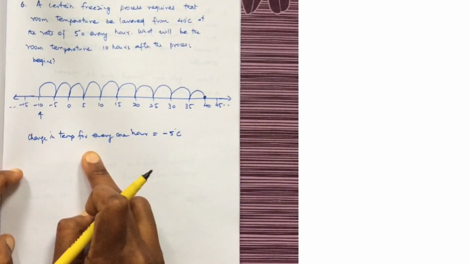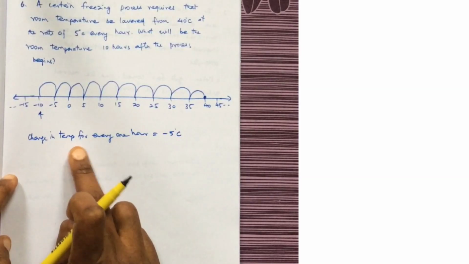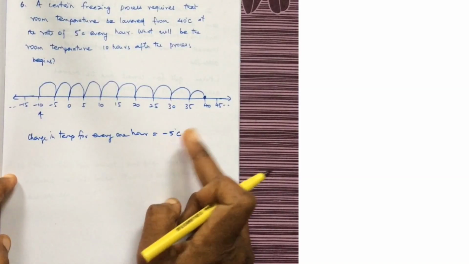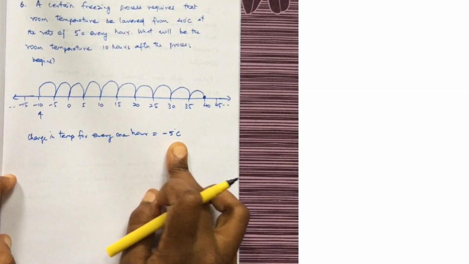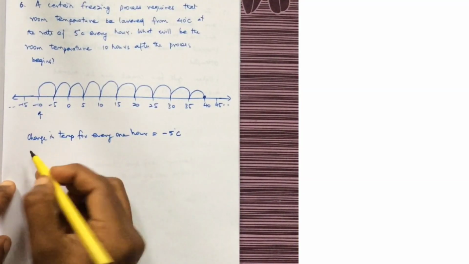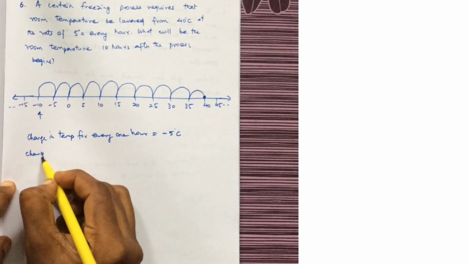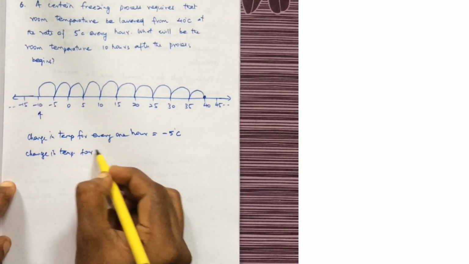I want to say it is reducing, so I am writing a minus here. If you write change in temperature is 5 degrees, it means for every 1 hour it is increasing, so you have to write -5 degrees. Okay, for every 1 hour change in temperature is -5. What is the change in temperature for 10 hours?